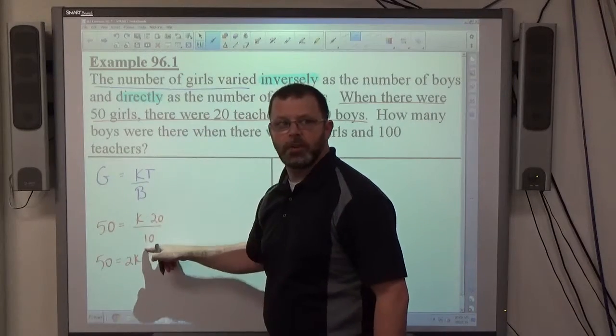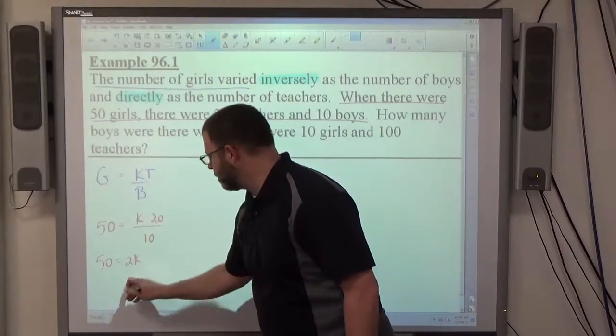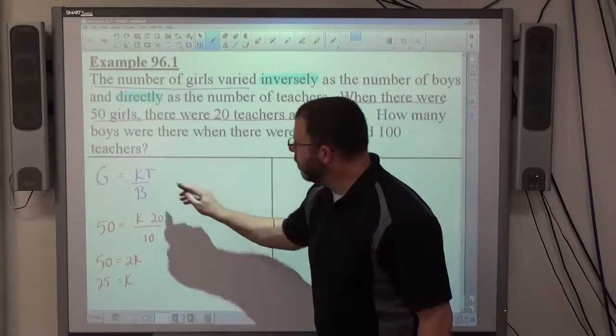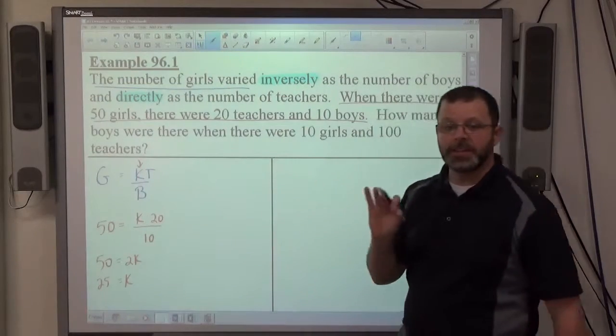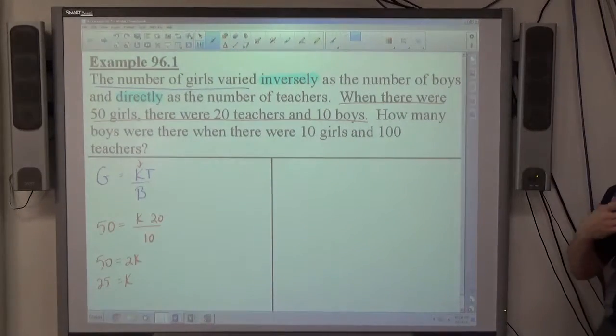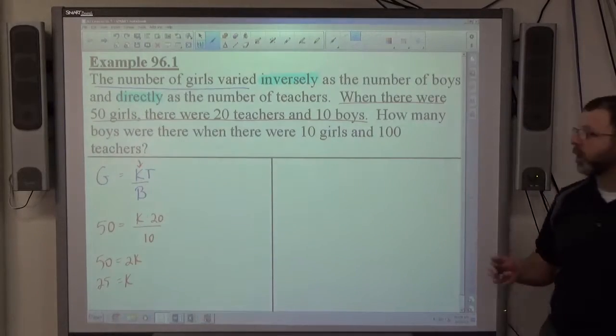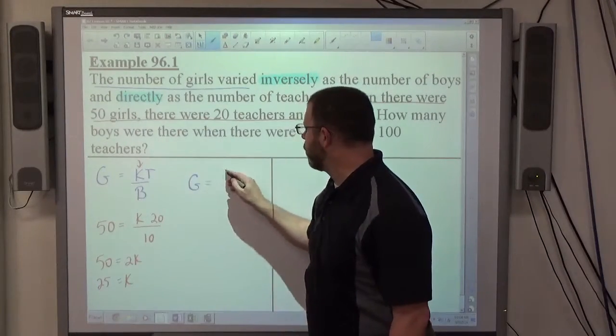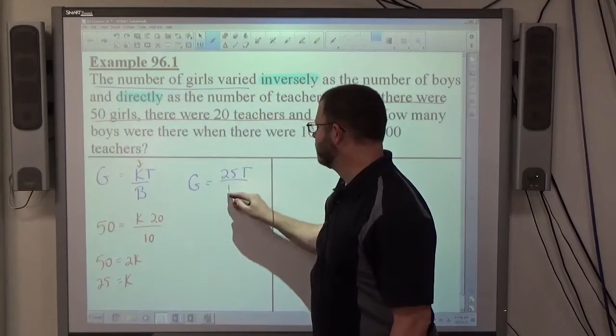Divide both sides by 2, and we get K equals 25. A constant does not change within a problem, so once we know what it equals, that's what it equals forever. So my equation becomes G equals 25 times T over B.